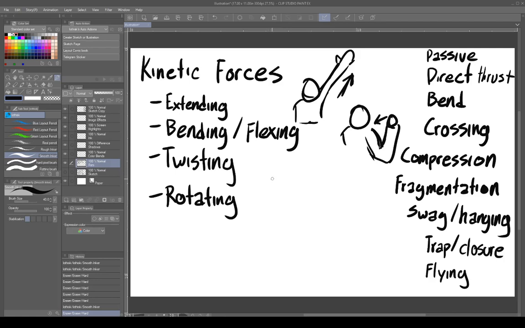Say your forearm, for example, can twist from showing the back of the hand to the front of the hand.